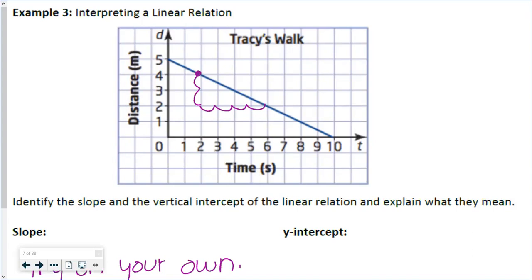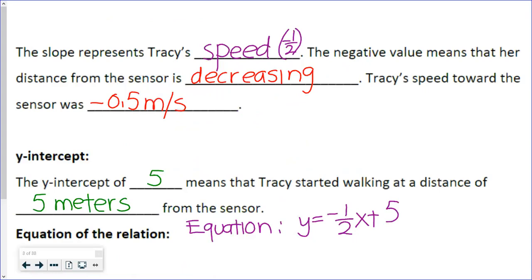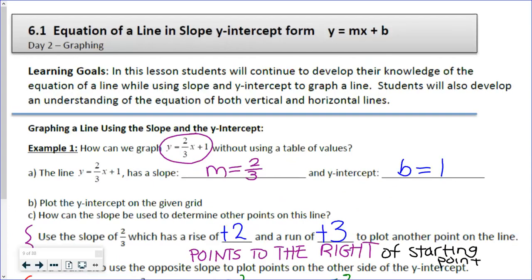It's just an example of how we can use the slope to describe that she is moving. She's starting away from the sensor and she's moving towards the sensor. In the academic course last year, we had a lot of word problems.